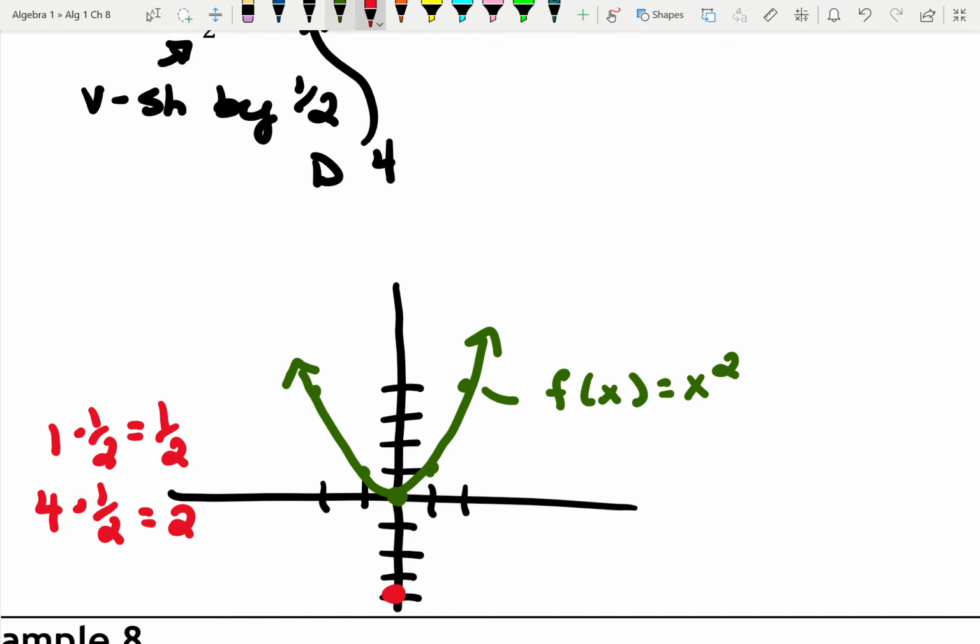This first set, we'll draw them in orange. These points, I go up a half and over 1 in both directions, so just a little bit higher. And then our other points, I'll draw them in blue. We go up 2 and over 2 in both directions. And then I'll draw in my curve, and I'll draw it in red.